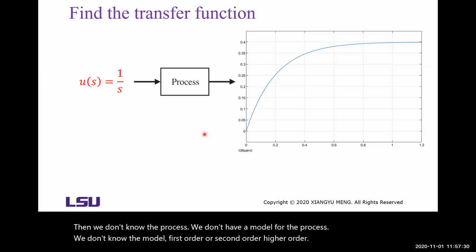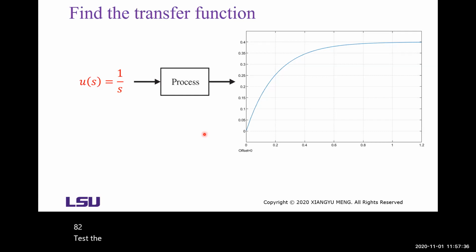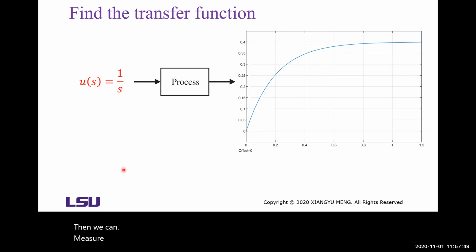Then the first step we can do is to test the system. To test the system, we can apply a step signal. Then we can measure the output. Let's assume this plot shows the output when the input is a step signal.